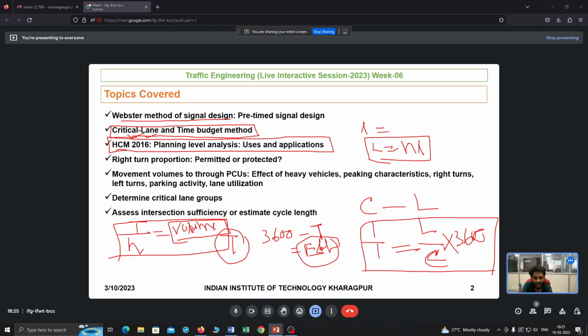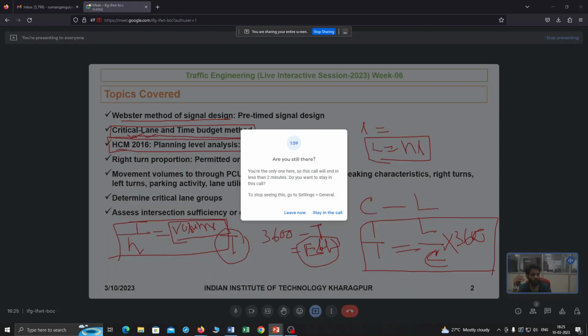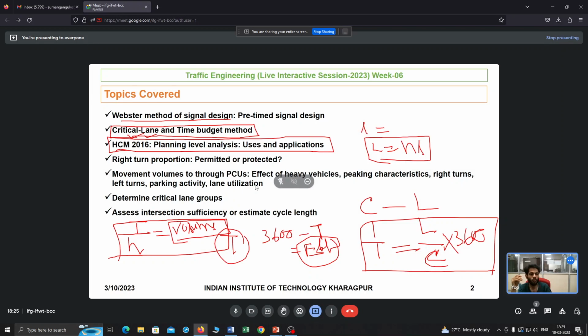So your adjusted flow volumes or your green time should be increased, and as it depends on the volume, your volume should be increased, right? In case of an intersection with heavy vehicles. That's why you need an adjusted traffic volume for this.